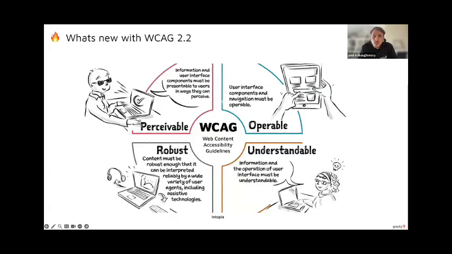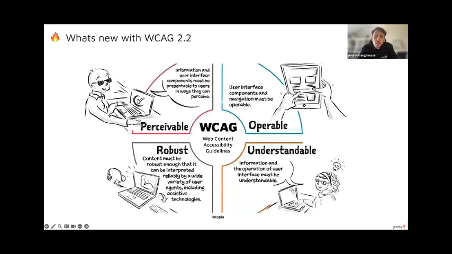So if you're designing a website for it to be perceivable, that means can everyone see and sense what's there. Can a user perceive the information regardless of their ability? Next is it operable? Can everyone use it, no matter how they interact?